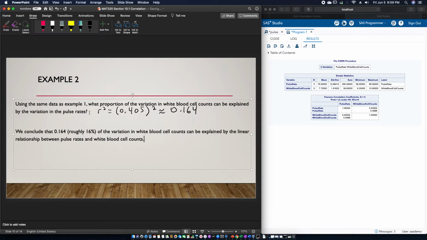And because 16% can be explained, this then also means that 84% of the variation is unexplained, which is quite frankly not that good. But that's besides the point.